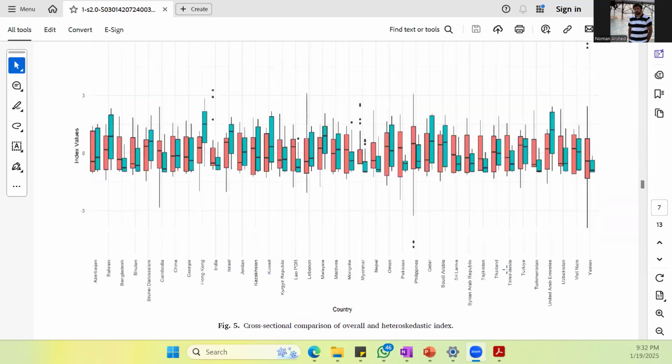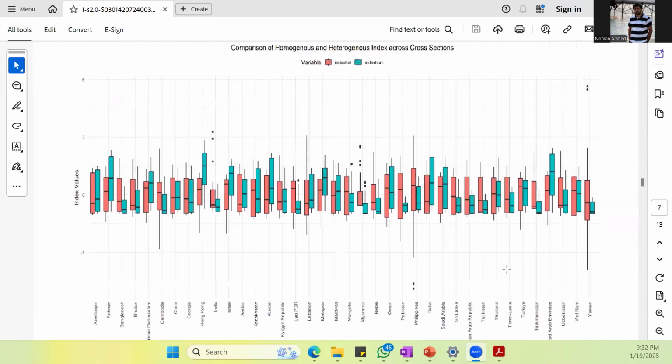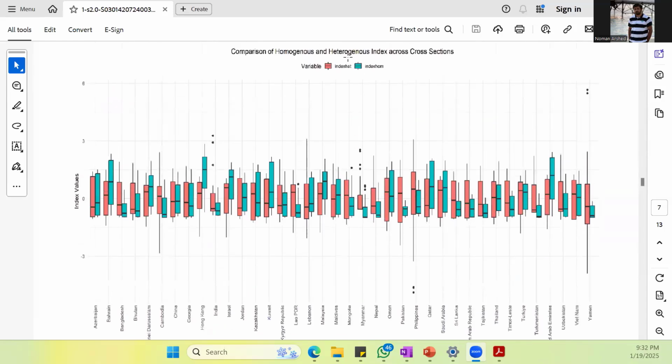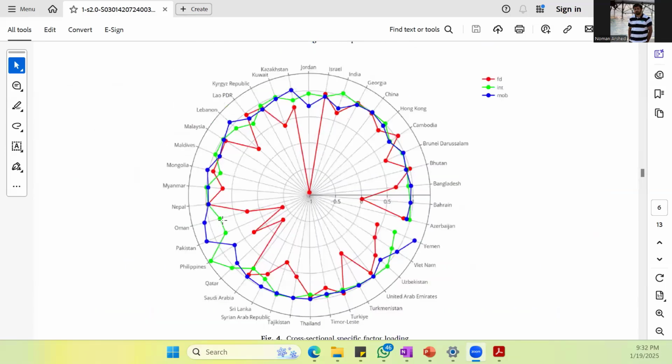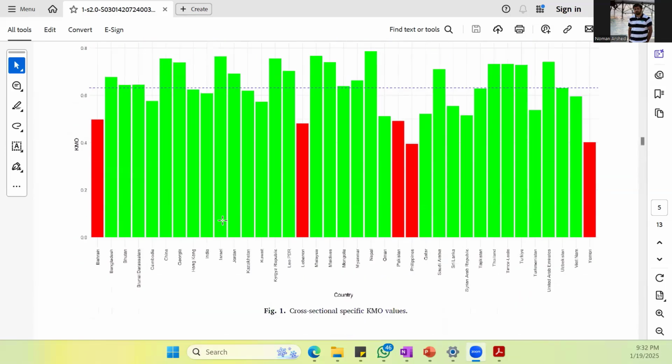I compared it with the standard index: this is my index, the red one, and this is the standard factor analysis. I noted that there is not that steep a deviation, other than a few countries like Hong Kong and the UAE. The box plots were very near to each other, with very few deviations. So this is the first gap that I talked about, the index.